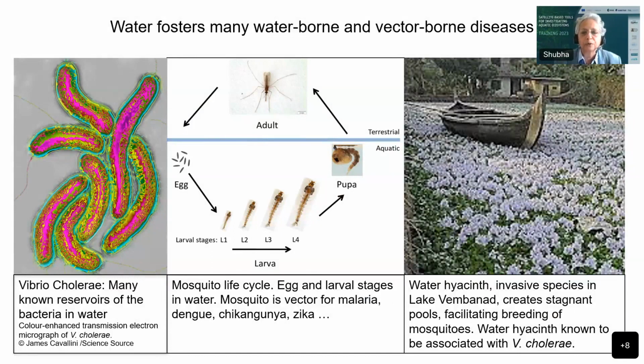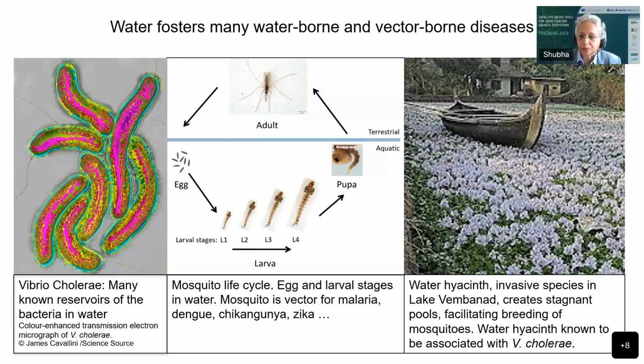Now, water fosters many types of pathogens responsible for infectious diseases, such as the Vibrio cholerae bacteria, which is known to have many reservoirs in the water and is responsible for cholera. Mosquitoes are responsible for many vector-borne diseases such as malaria, dengue, chikungunya, Zika, and they require water for completing part of their life cycle.